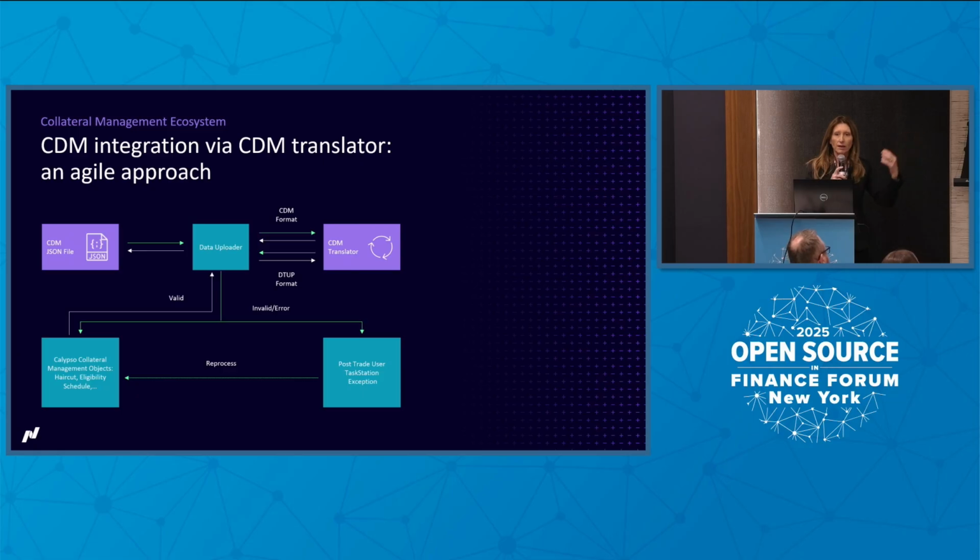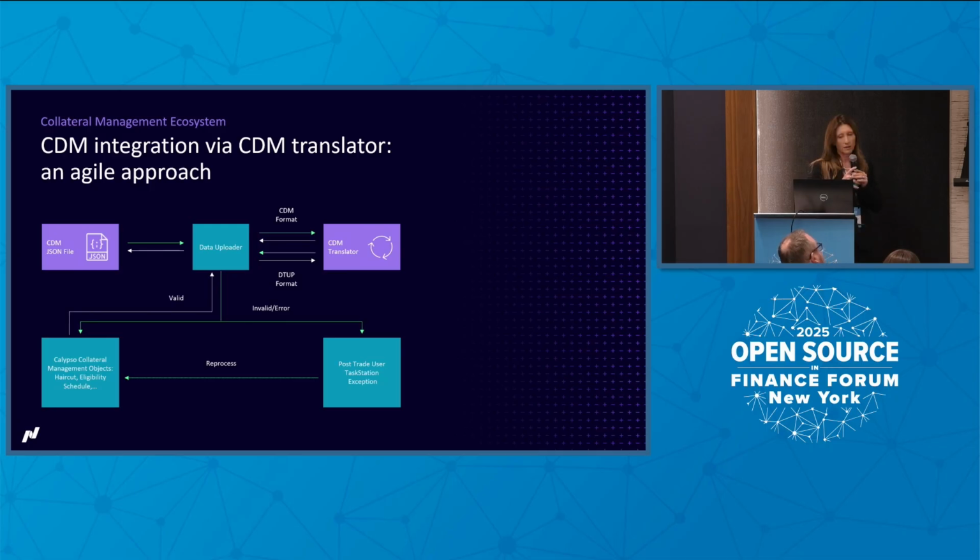Today we have a tool called Data Uploader where we manage contracts, workflow, trades, and positions, in and out. We found a way to define a CDM translator, using that standard model so that we can communicate with any external party or system using CDM as a translation, but the data model inside the solution is unchanged.